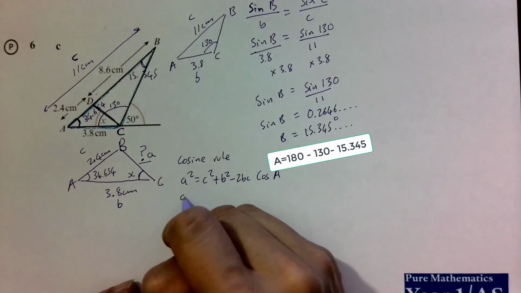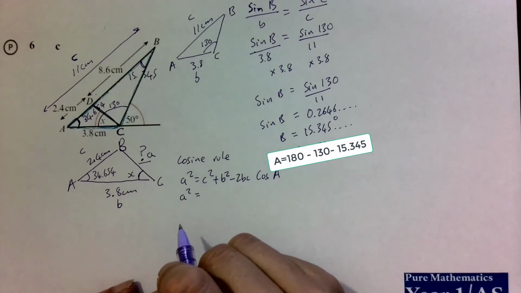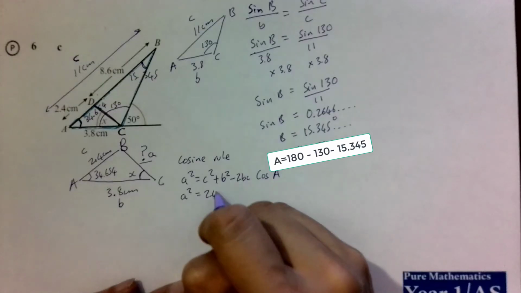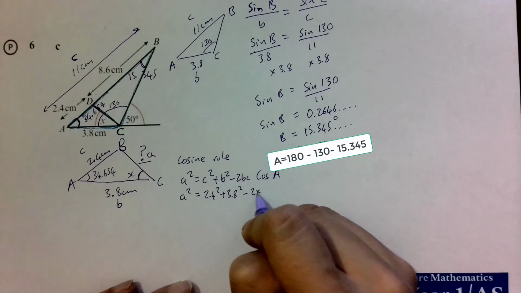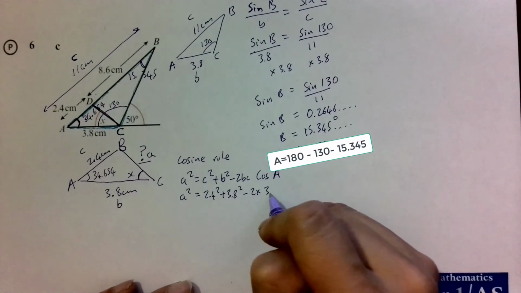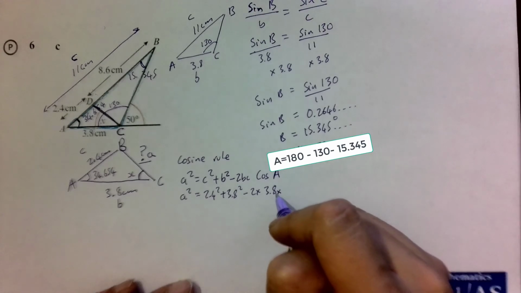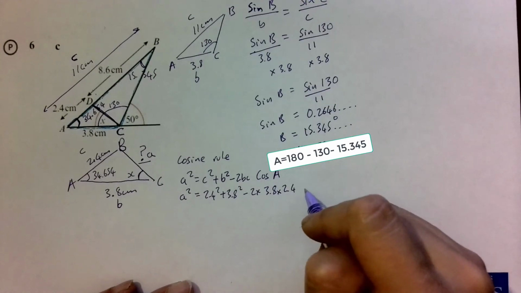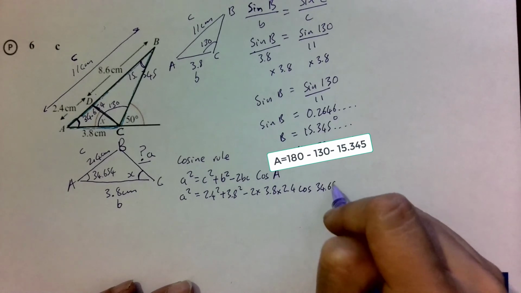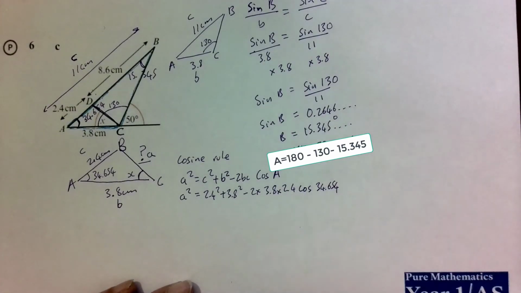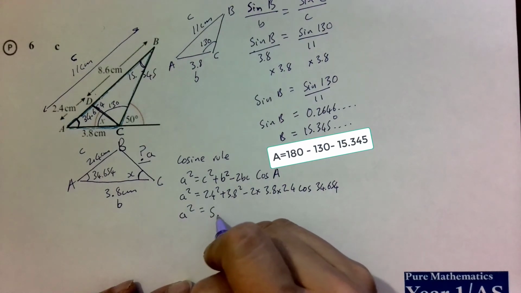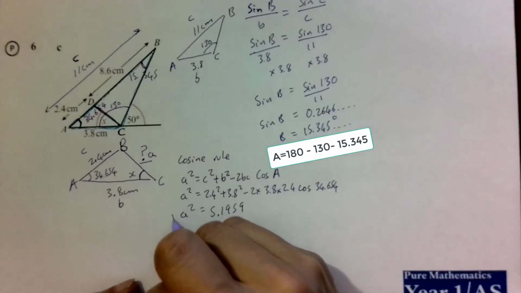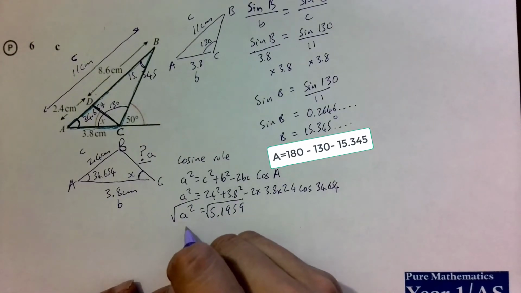So we're looking for a squared equals 2.4 squared plus 3.8 squared minus 2 times 3.8 times 2.4 cos 34.654. Now sub that all into your calculator and you should get a squared equals 5.1959.